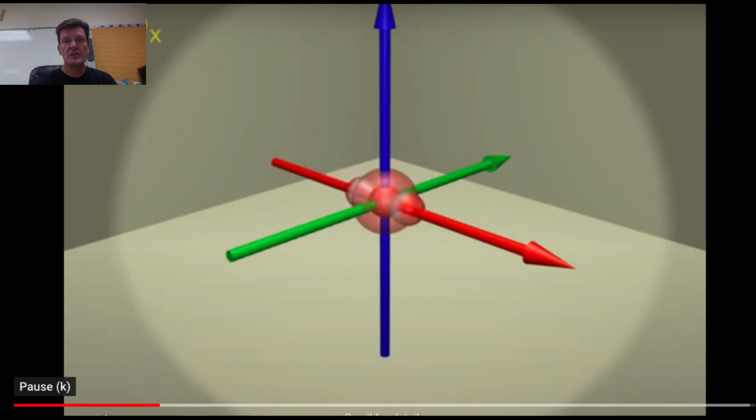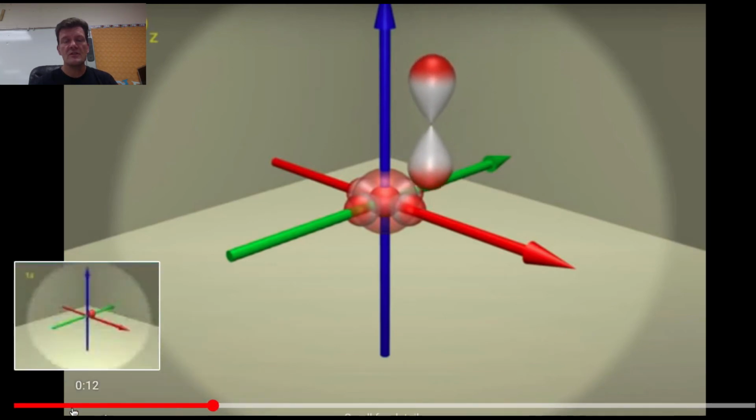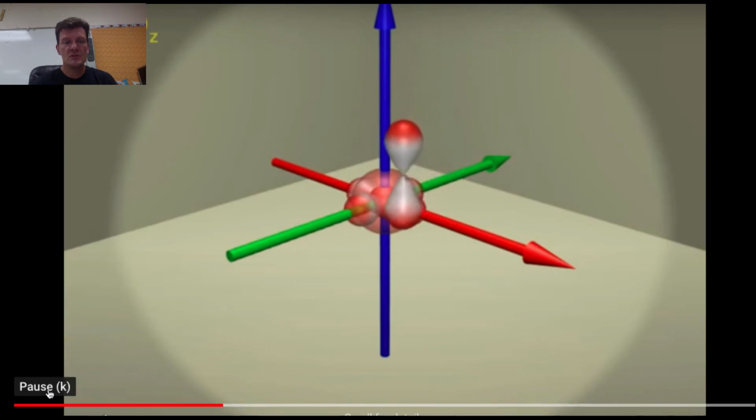But there's also another p orbital along the y-axis in the second energy level. It can also hold 2 electrons. So 2 electrons could go in that orbital, maybe at the 2 ends. And another 2 electrons could go in the vertical p orbital. That's called your 2pz.